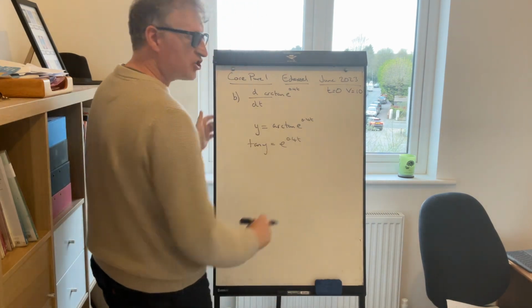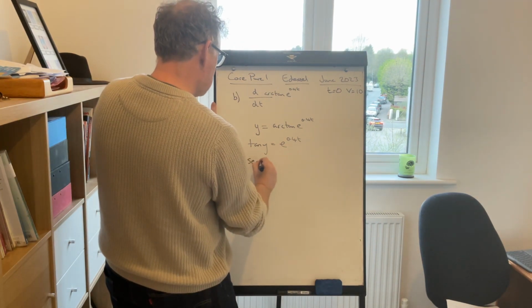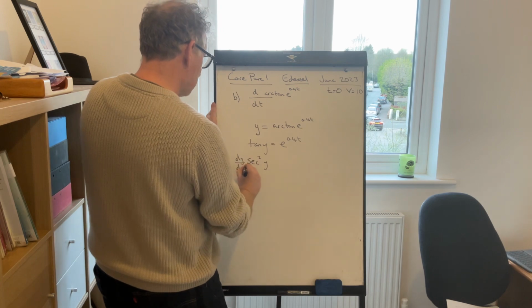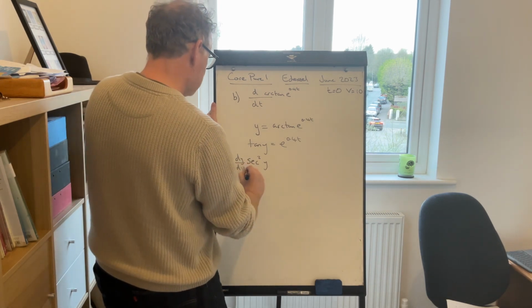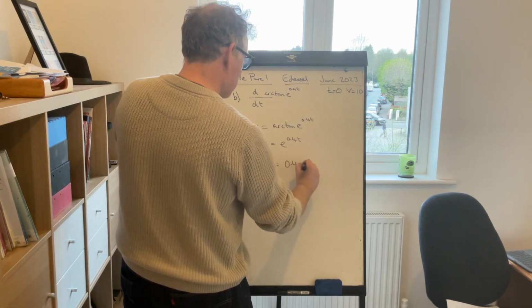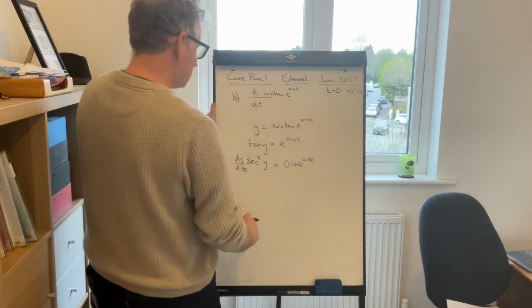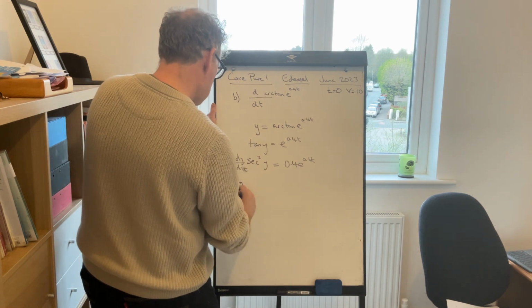And then we can differentiate implicitly. So tan differentiated is sec squared y, and obviously because it's a y, we have to times by dy by dt. And then on this side, differentiate that, you get your 0.4 e to the 0.4t. And then all we've got to do is go, sec squared, tan, nice link there, dy by dt.